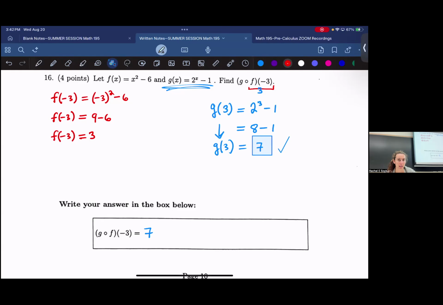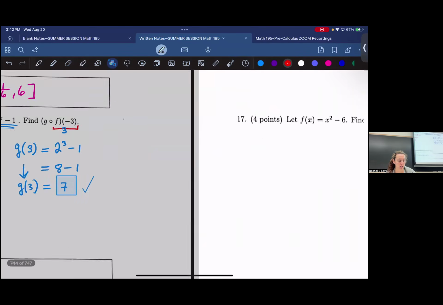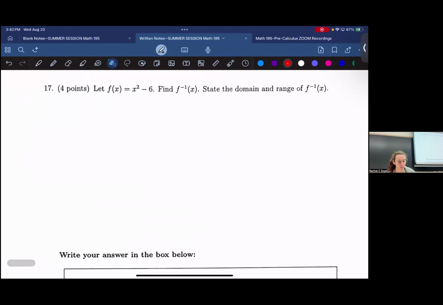Okay. Let's move to question 17, where we're given f of x, we want to find the inverse, and we want to state the domain and range of the inverse. So how do we find inverses of functions?